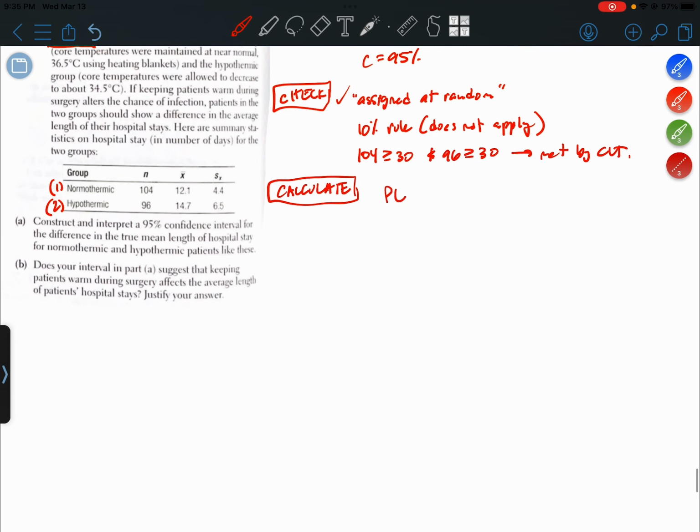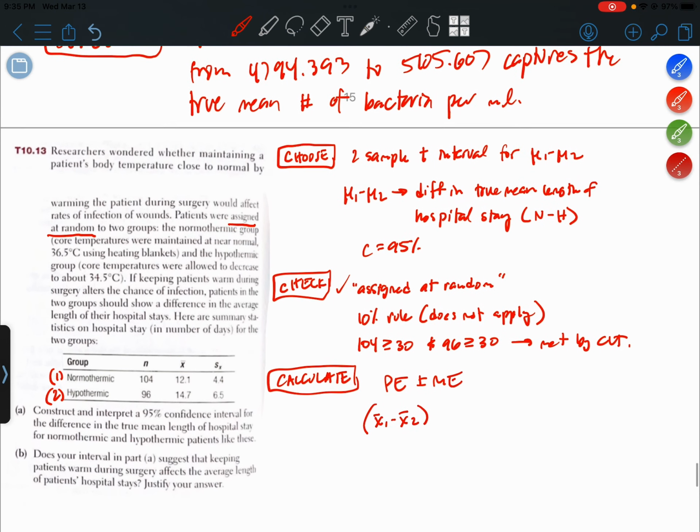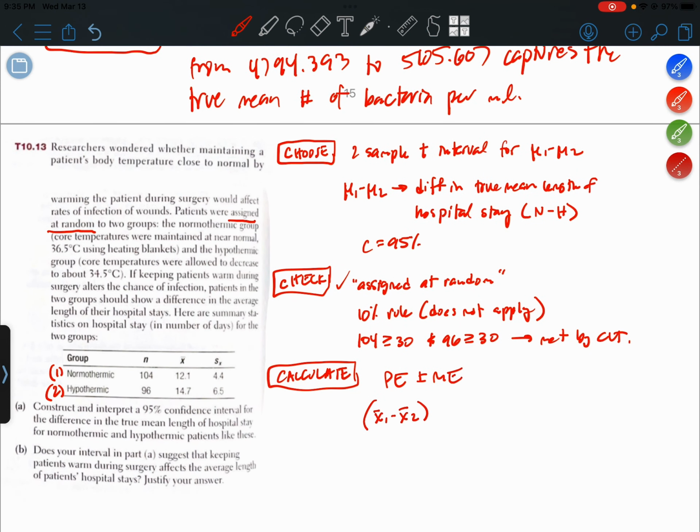Okay, point estimate plus or minus margin of error, right? That's the structure of all confidence intervals. The specific formula here, because it's the 2-sample case, we'll have x bar 1 minus x bar 2. You know, that's what I'm missing in my choose step, right? I normally would write the statistic there.